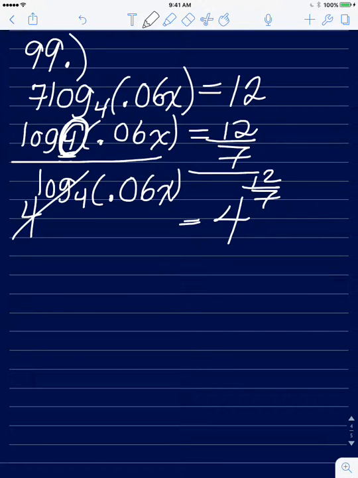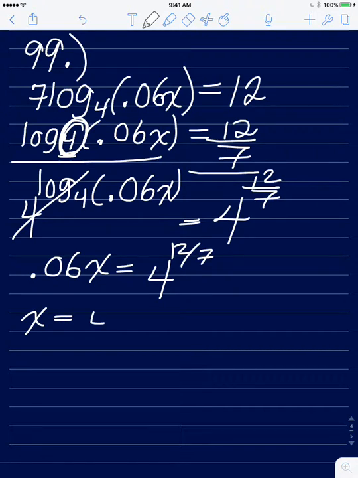And these cancel out, and I'm left with 0.06x equals 4 to the 12 over 7 power. And the last thing I'm going to do is divide both sides by 0.06. So x equals 4 to the 12 over 7 power divided by 0.06.